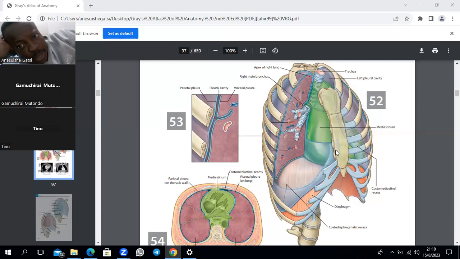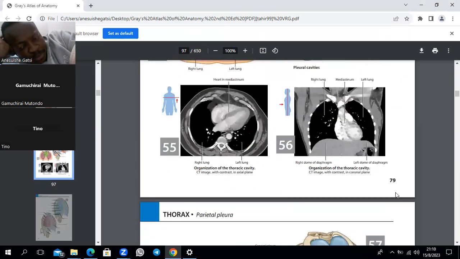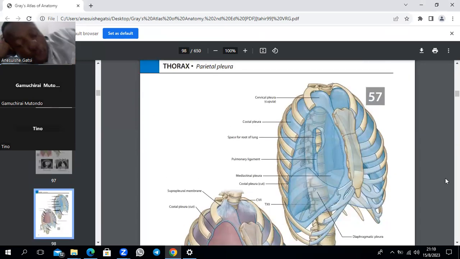Maybe not this picture. Let's see if I can get the picture. Okay. So all this in blue here is parietal pleura. We divide parietal pleura into four. There is a part of parietal pleura that covers the lung in the neck. When we talk about the lung, you realize that the apex of the lung is actually in the neck.